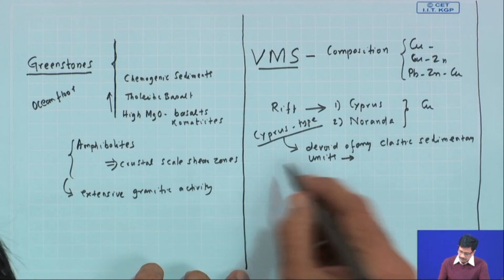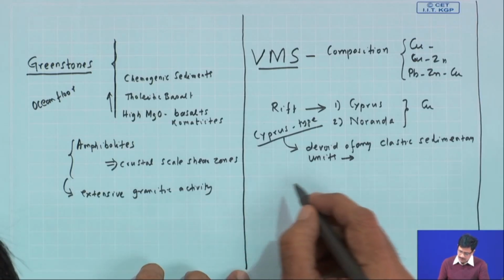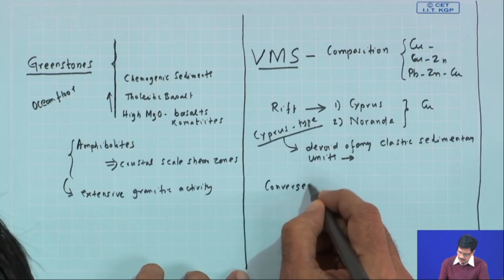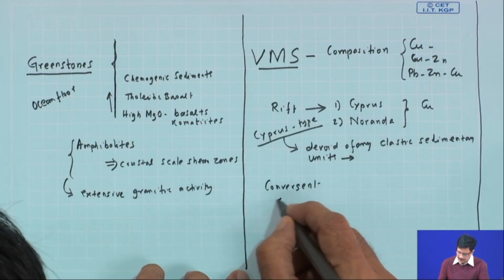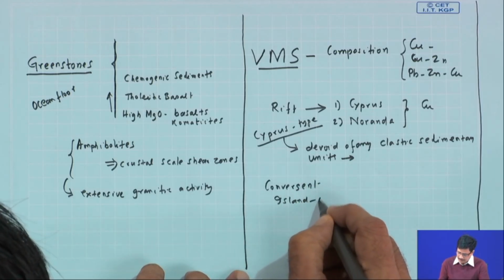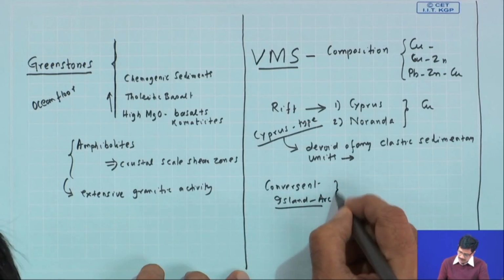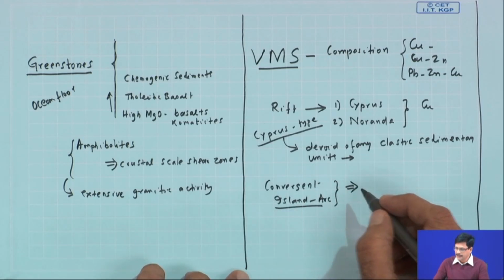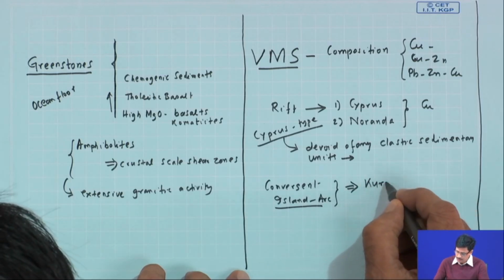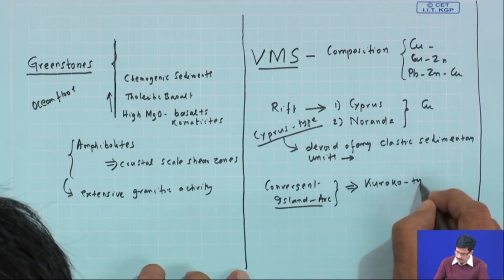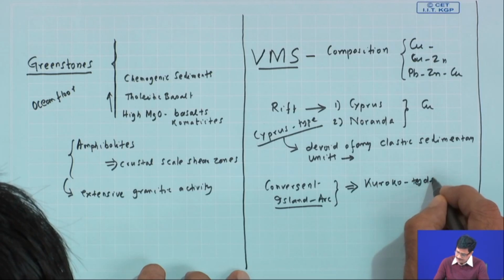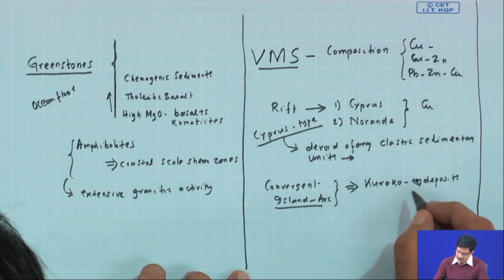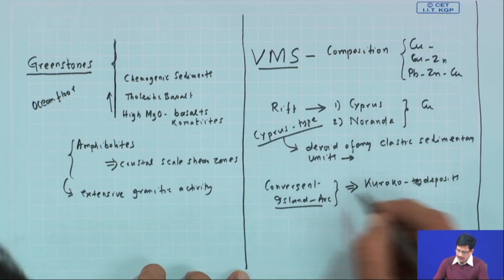The ones which are associated with convergent margins as island arc type, these deposits occur dominantly in the Japanese island arc, which are the Kuroko deposits, and they are known by that name also.